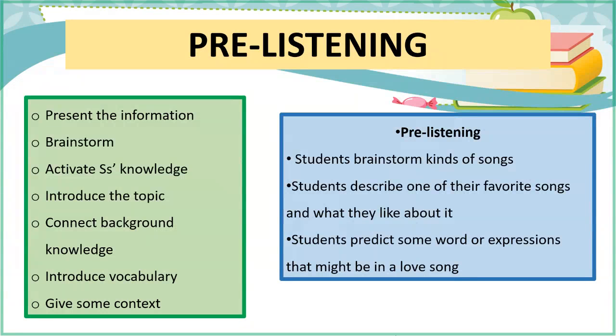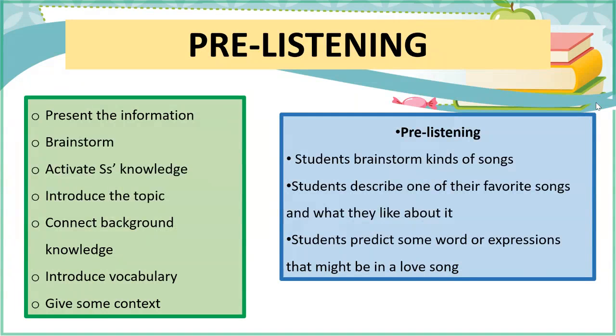So in the pre-listening, here in the blue chart, we're going to see an example about a teacher that is preparing a lesson. This teacher in the pre-listening says: students brainstorm kinds of songs, and then students describe one of their favorite songs and what they like about it. After that, the students predict some words or expressions that might be in a love song, right?